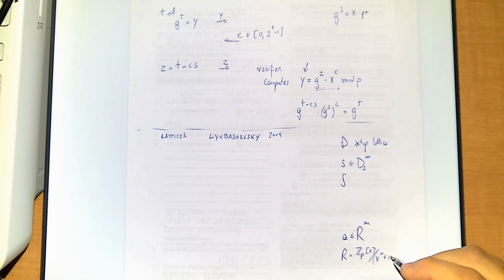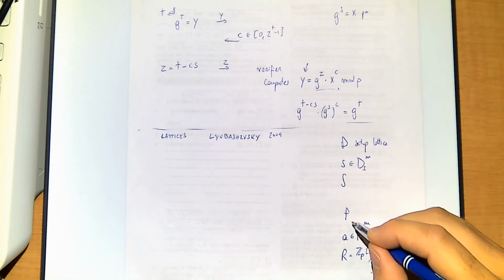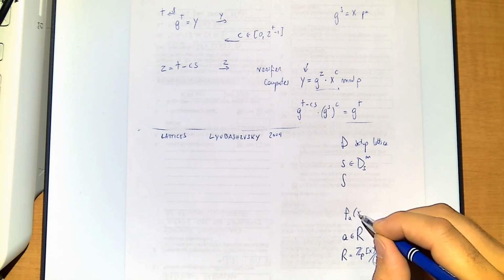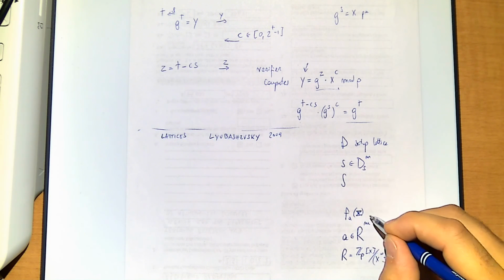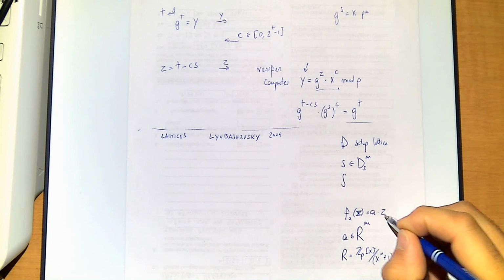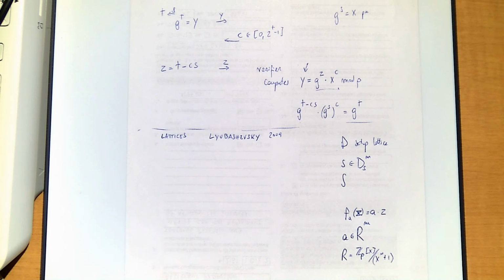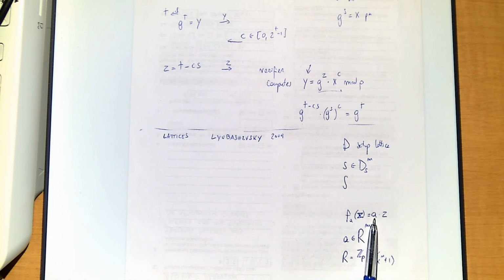So you treat these things as polynomials, and then you compute, call this function f indexed by a of a vector z as a times z. Okay, and that basically, because a is a polynomial, it's like you're treating it as a product of two polynomials. Okay, and that ends up in a lattice point.